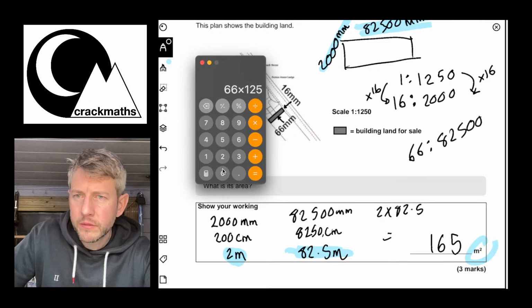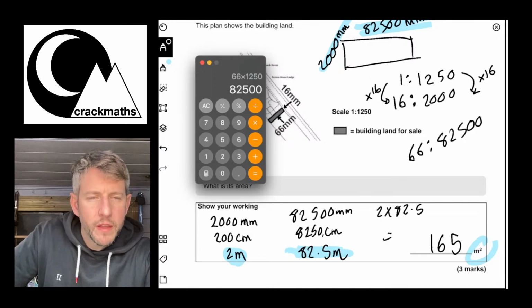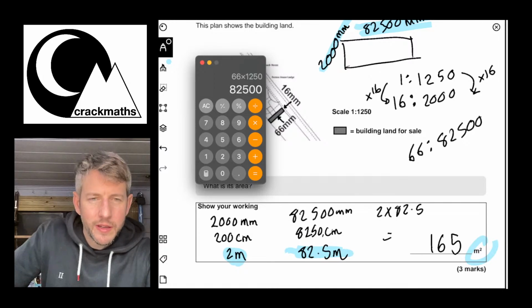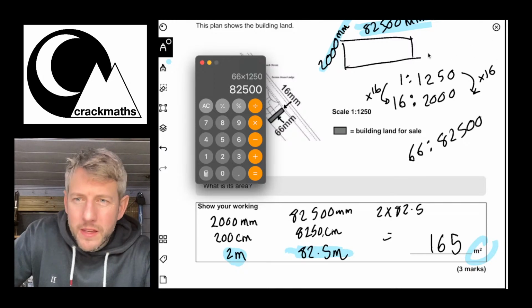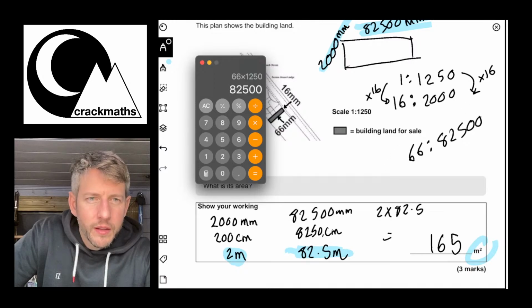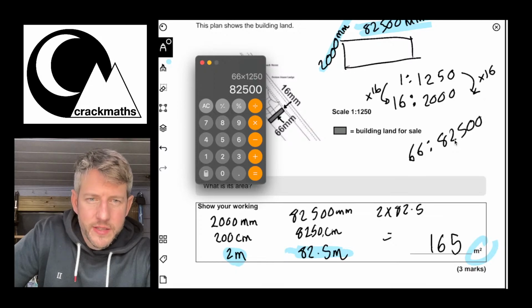66 times 1,250. 82,000. Okay, that's fine. This was 2,000. Oh no. I go into a rabbit hole when I do this. Right. So 2,000 millimeters is 200 centimeters, which is 2 meters.